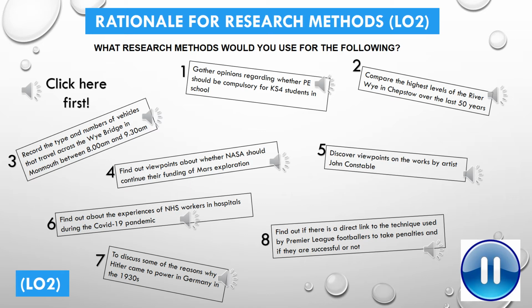So for something like this, which requires specific expertise in the area that you're looking at, it's unlikely that you're going to go to a number of friends or peers within school. They may have a little bit of a viewpoint on whether NASA should continue their funding of Mars exploration. However, it's probably going to be limited and won't be supported by any facts or statistics that really back up what they're saying.